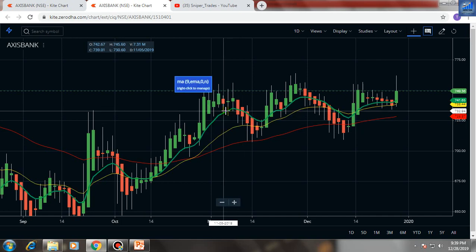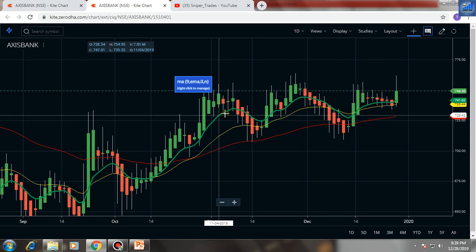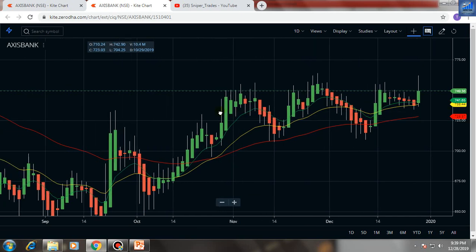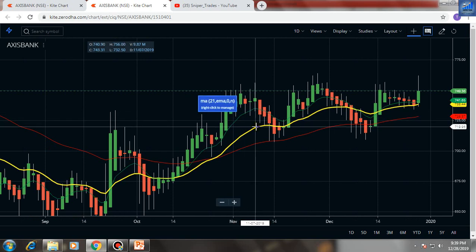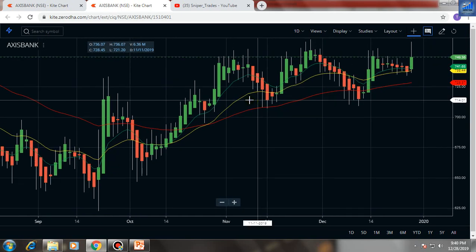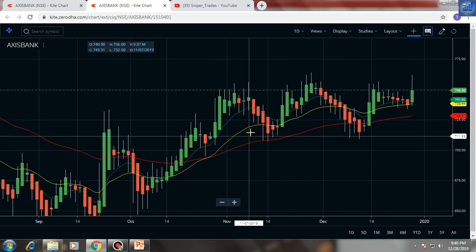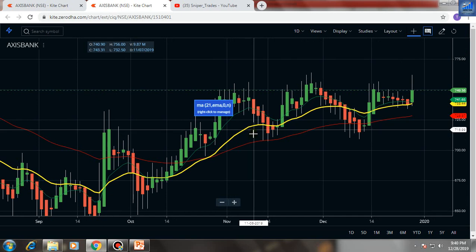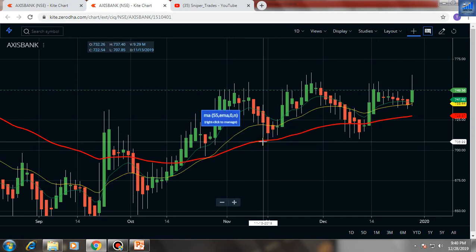As the period decreases, the quickness of reaction to recent price movement increases, which means this green line will react more quickly to recent price movements than the yellow line, and this yellow line is reacting more quickly to recent price movements than this red line.